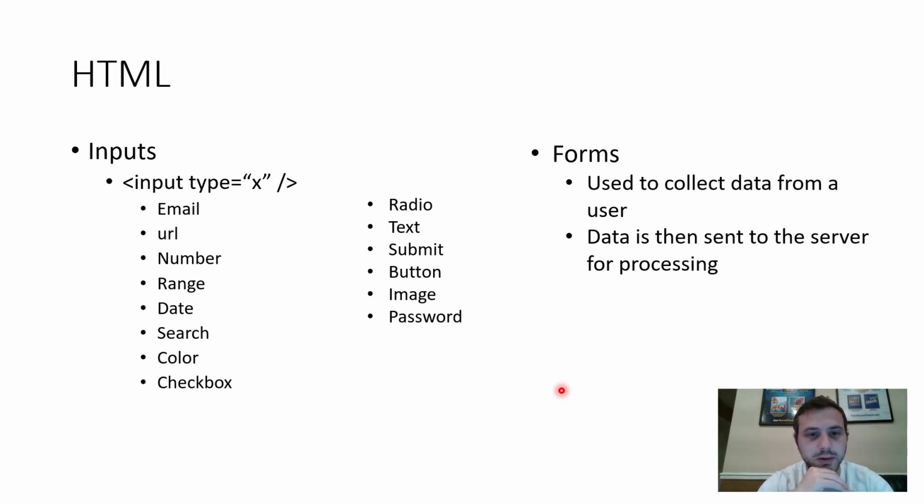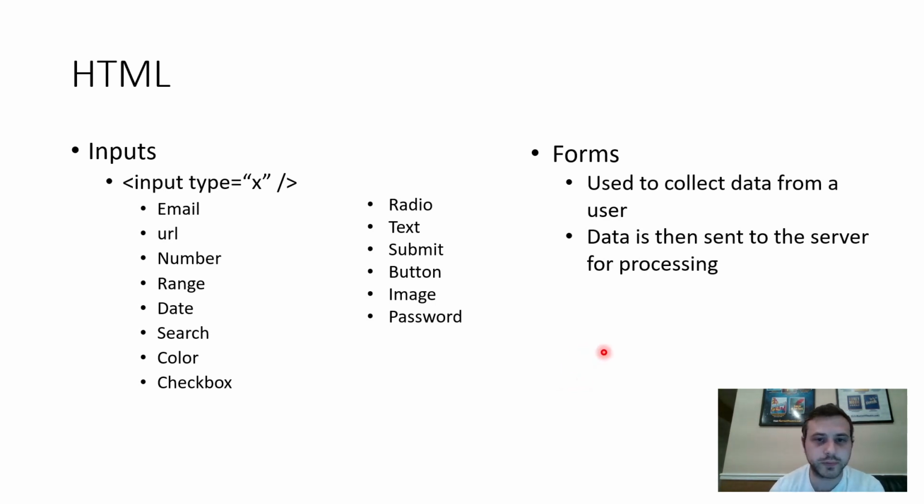Then you would have the submit button, and all that would be within a form tag, and when the user hits submit, it sends that information over to the server for the user to change that information. So that is it for this.